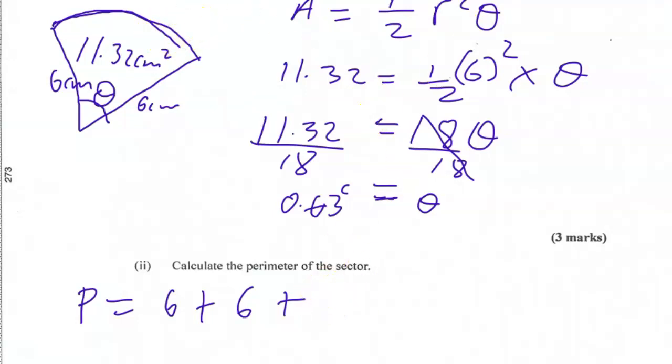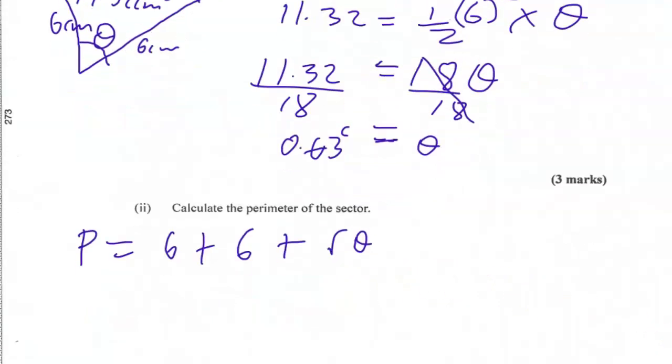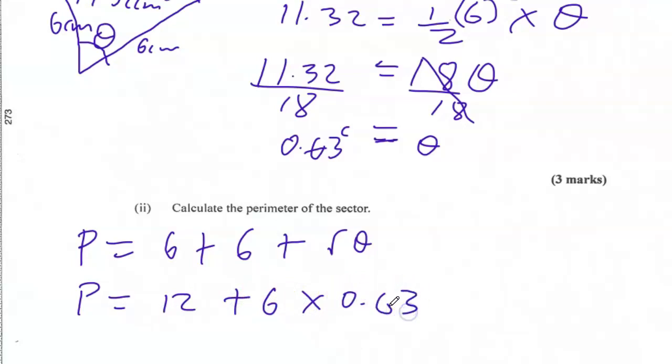So perimeter is 12 plus radius 6 times theta, which is 0.63.